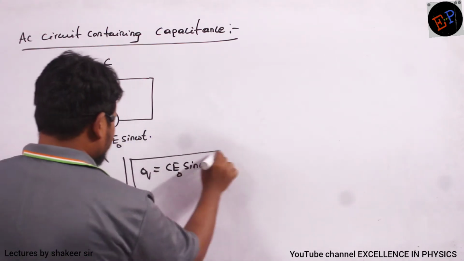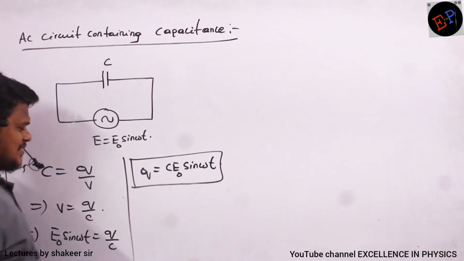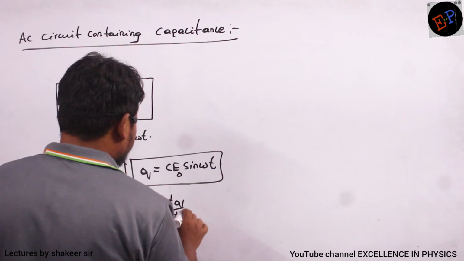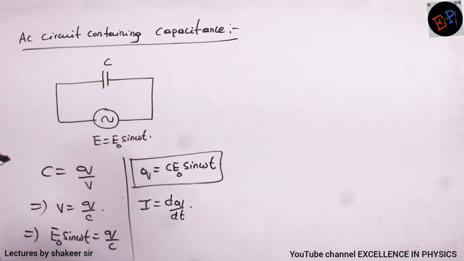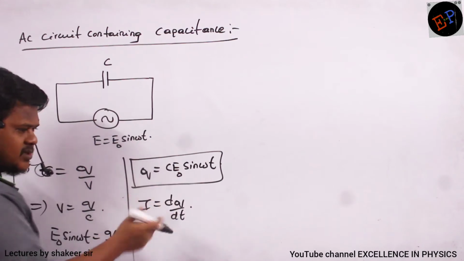So I got the equation up to here. Now from this one, how can I calculate current? Current is not visible here. How do we do it? We know that I is equal to dq by dt, no? If you differentiate this with respect to time, that is current.